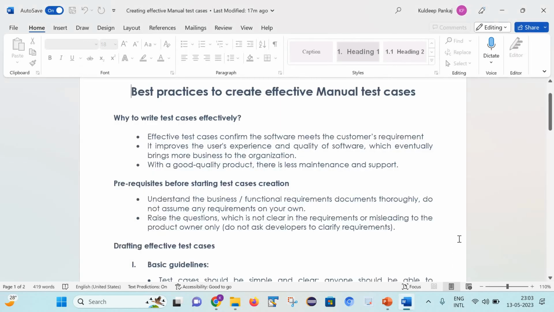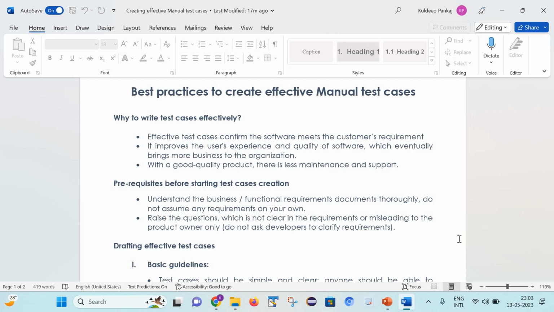Okay, so let's start. First, let's understand why to write test cases effectively. Basically, effective test cases confirm the software meets the customer's requirements. It improves the user experience and the quality of software, which eventually brings more business to the organization.